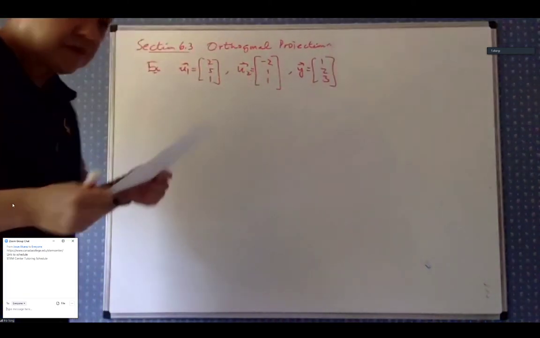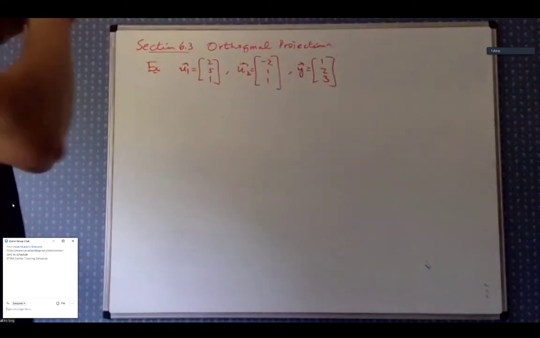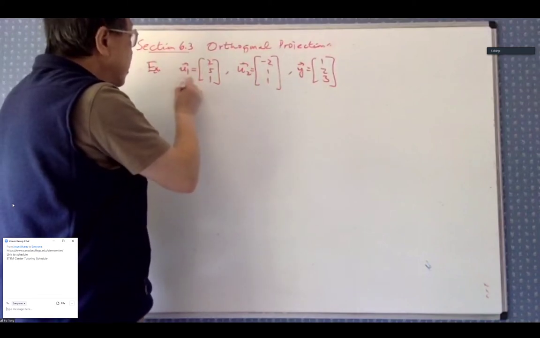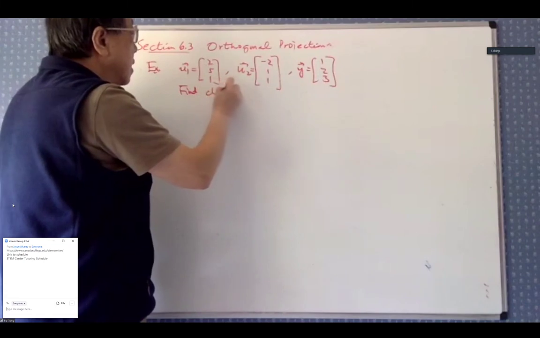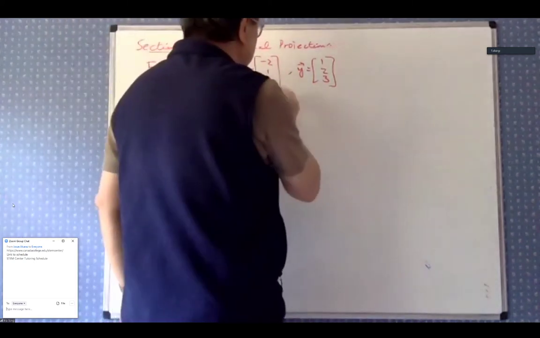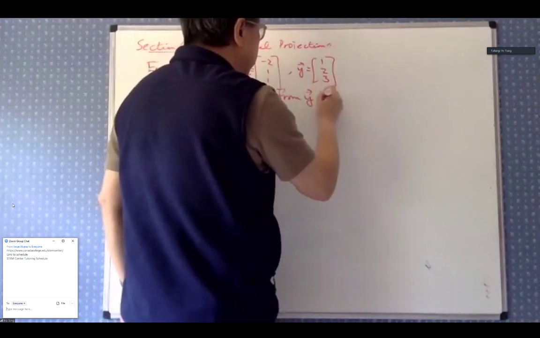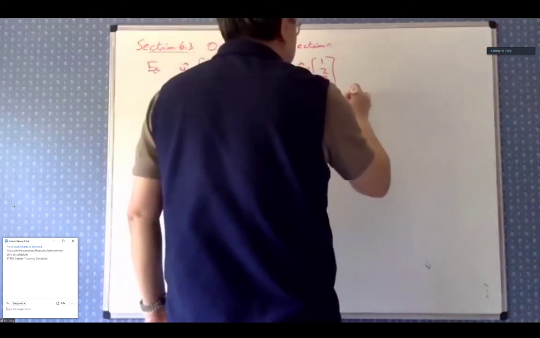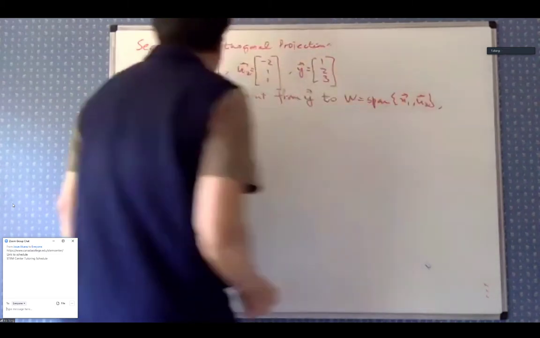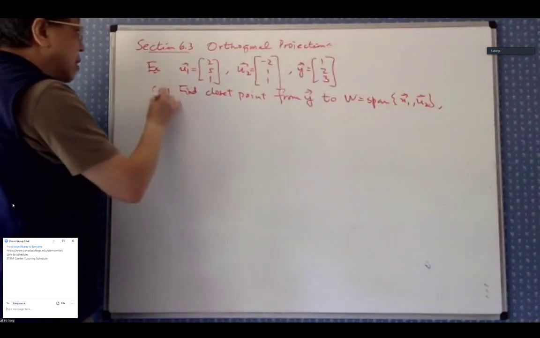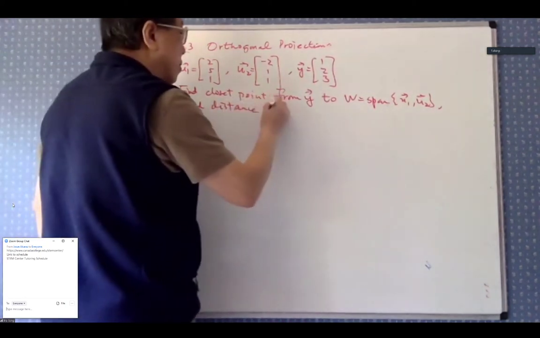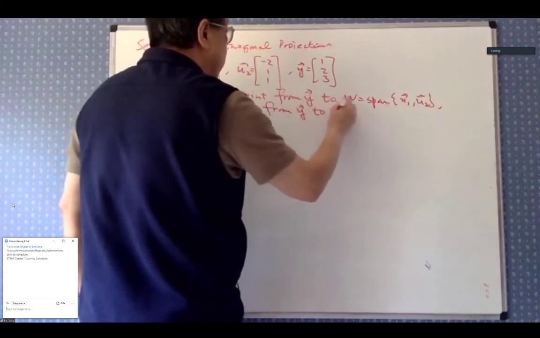So what would be the closest point from Y to W span? Distance.